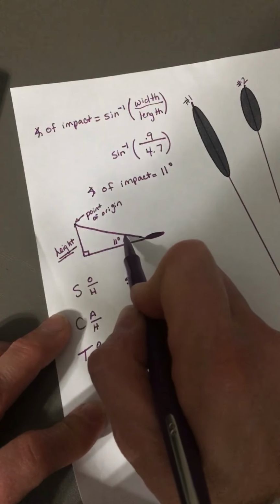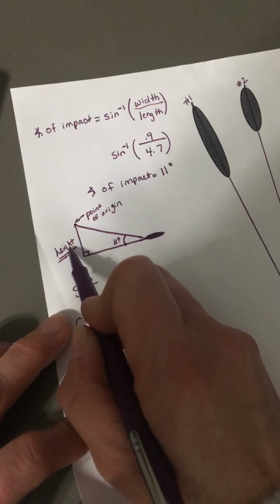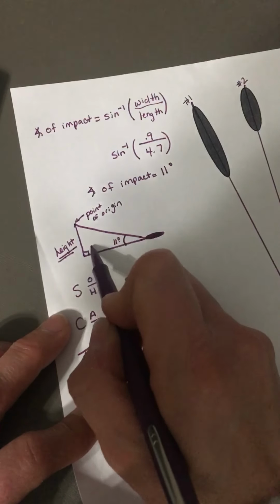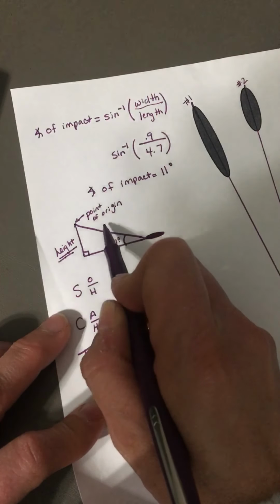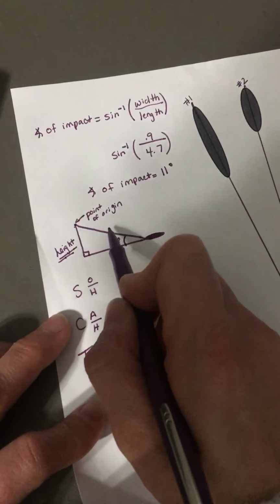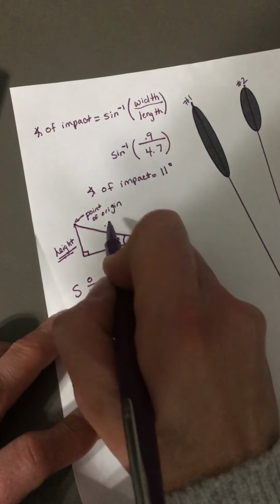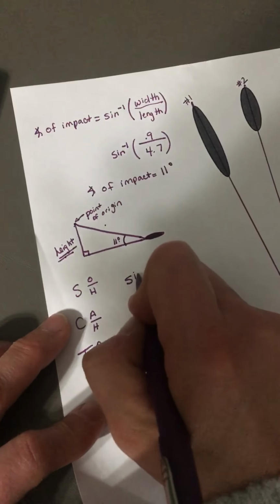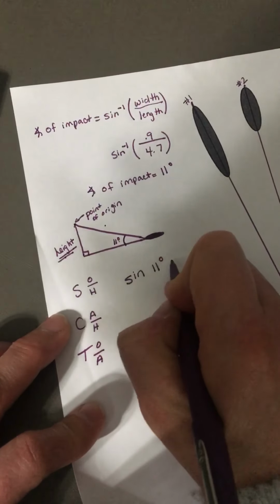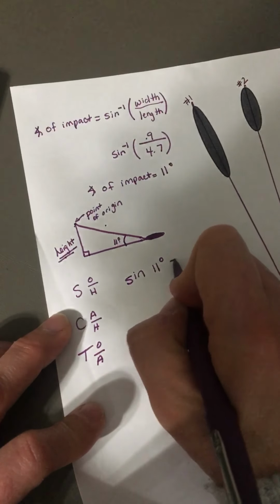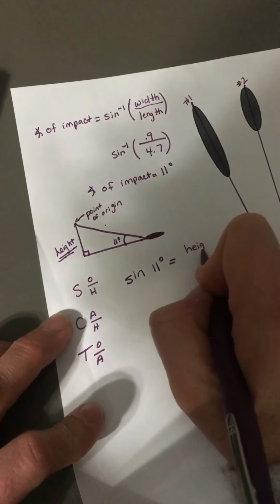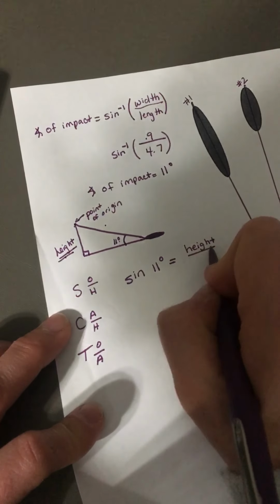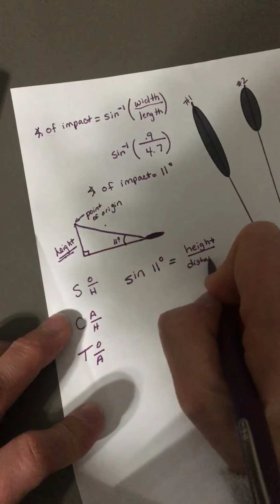Notice, if this angle is 11, this is the opposite, and I know the hypotenuse, I'll get it in a sec. So the sine of 11 equals the height divided by the distance. How am I going to get the distance?